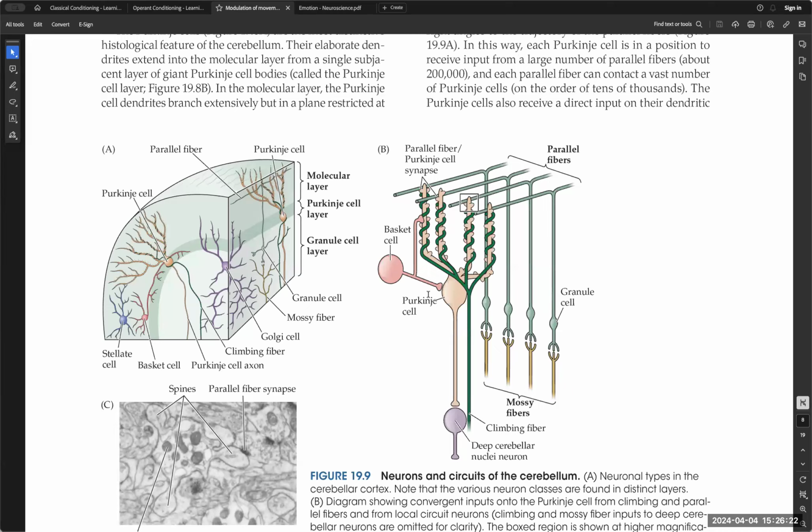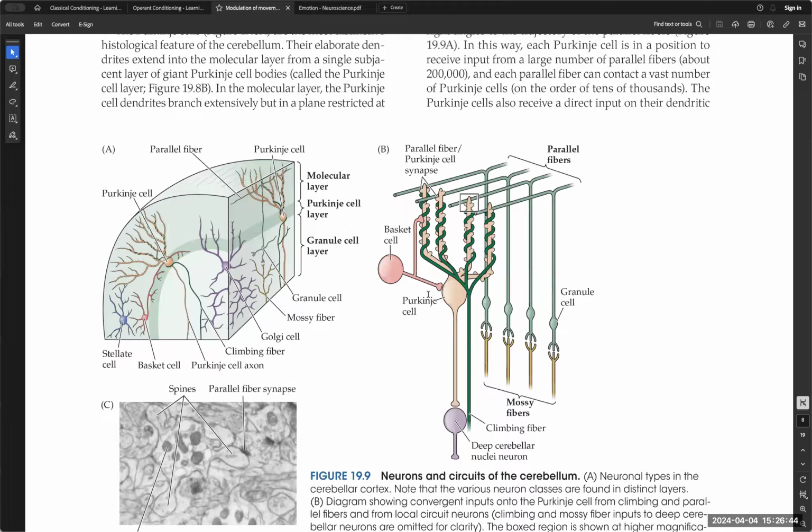So this kind of T-shaped collateralization of these granule cells leads to this extensive network of connections between granule cells and Purkinje cells. And then every Purkinje cell could actually receive inputs from almost 200,000 granule cells. Okay?